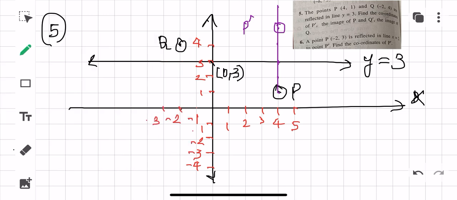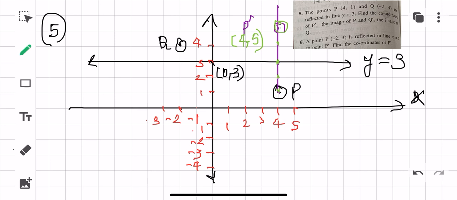This is 1, 2, so this is 2 blocks on the lower side, so of course it should be 2 blocks on the upper side. As it is getting reflected along the x axis, because this is also parallel to the x axis, my x coordinate is going to remain the same. So what coordinates are you getting now? Clearly, children, my coordinates are 4, 5. My x coordinate is remaining the same, my y coordinate is changing.